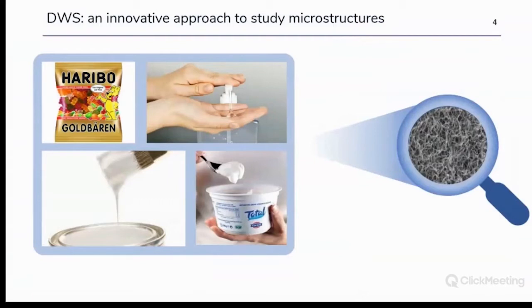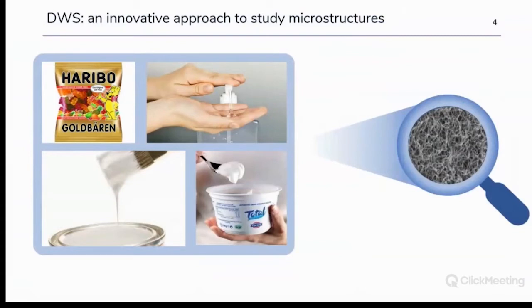So the main message here is that the ability to flow and the rheological properties are a key feature. They are influenced by the microstructure of our sample, and it is crucial to study and determine the rheological properties by means of an analytical instrument.